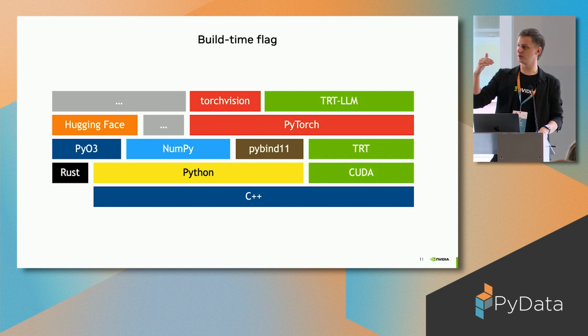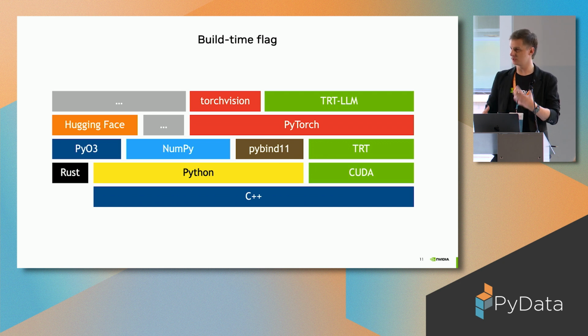And going to the top, we have more libraries that are based on our basis of C++, for example, things like NumPy, PyTorch, PyBind. PyBind is used to create bindings from C++ to Python, for example, or to other deep learning libraries we are using. They all depend on Python.